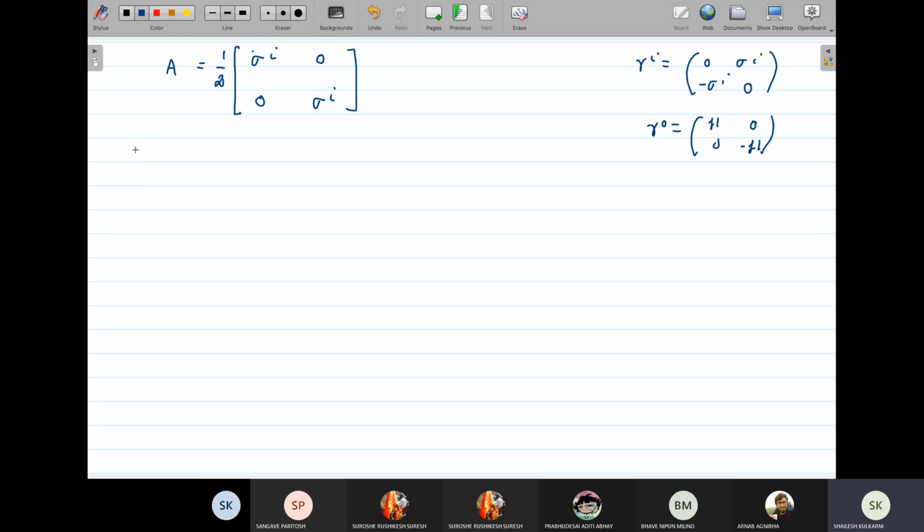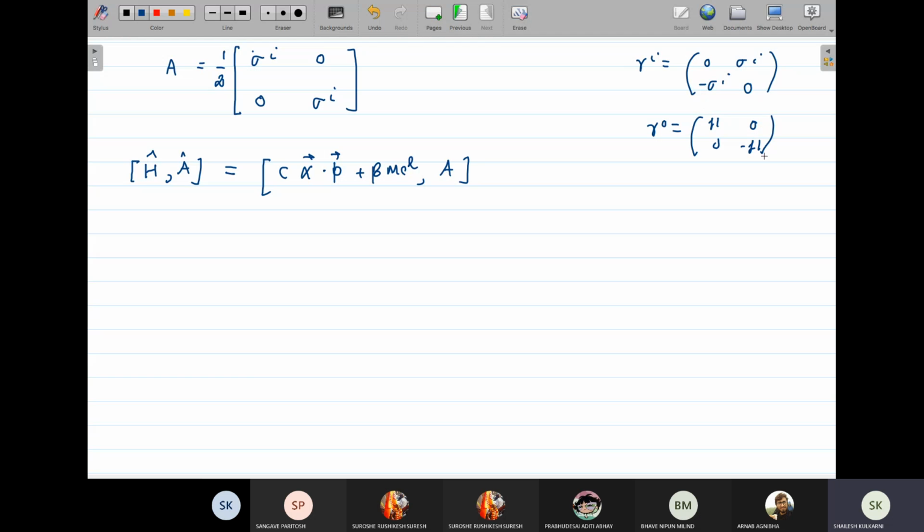What is going to happen? Suppose I take the commutator of H with A. It will be c alpha dot p plus beta m c square, commutator with A. And beta is 1 0 0 minus 1.